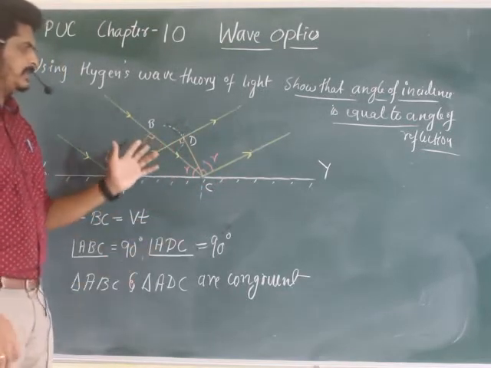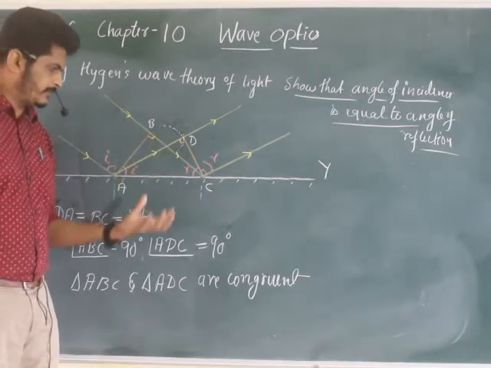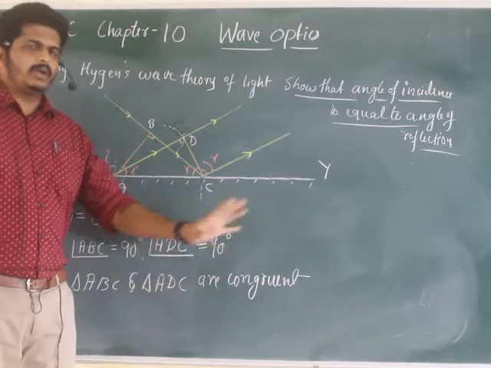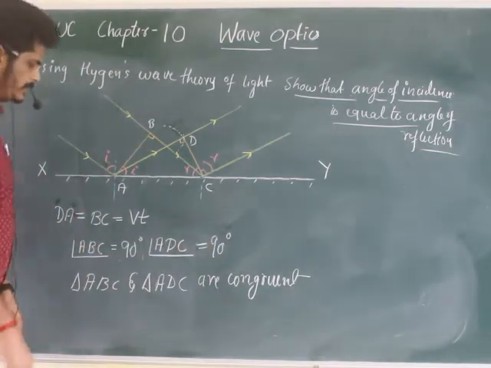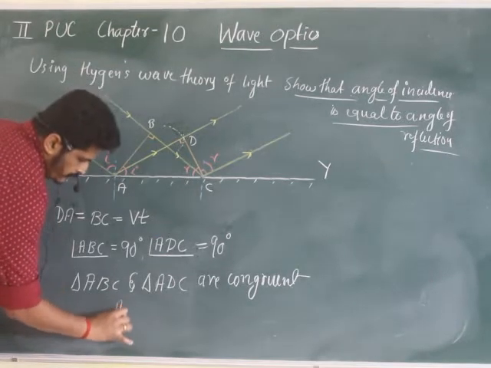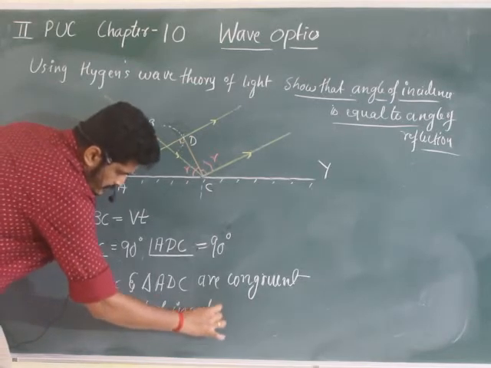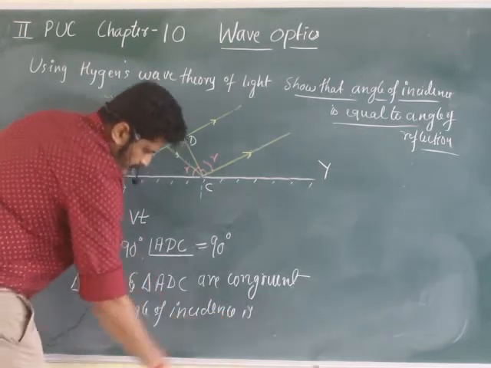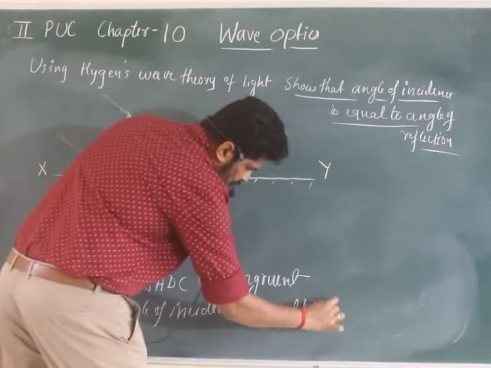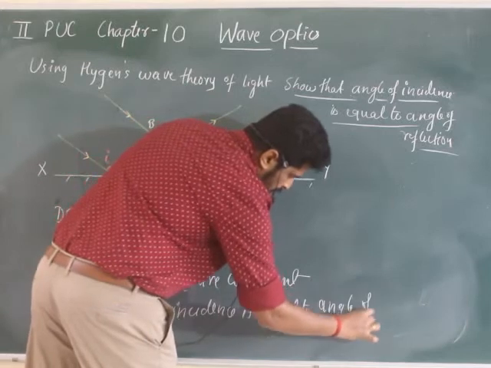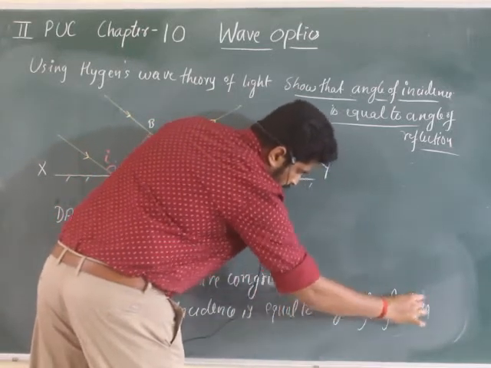Why? Because these two right angle triangles we got by the help of the plane wavefront are congruent. Since triangle ABC and ADC are congruent, angle of incidence is equal to angle of reflection.